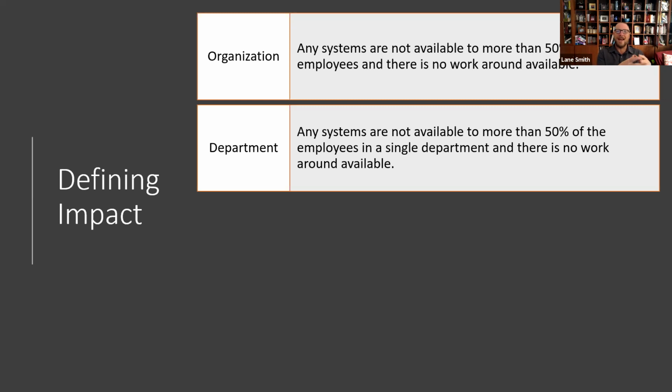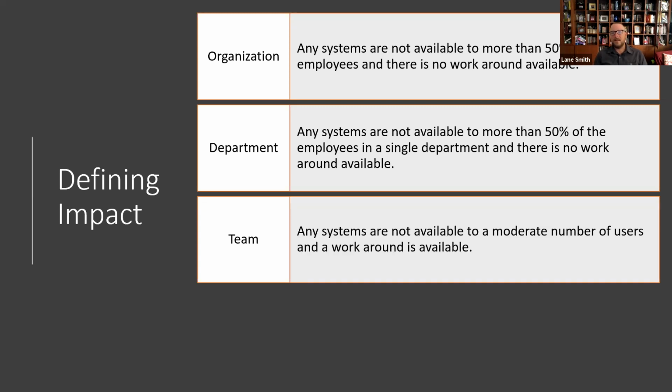It's affecting just that department, okay? What about a team? Let's say you've got a team that's working on a project, and they're leveraging Teams to collaborate, and Teams goes down, and nobody else in the company is really using it. So that's a team level impact, okay?